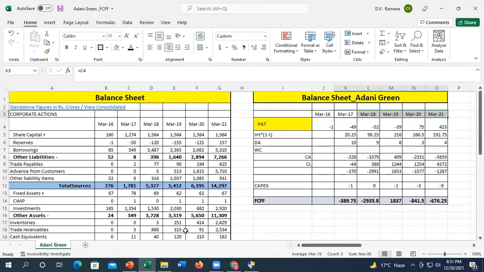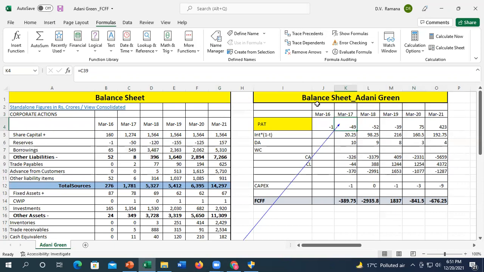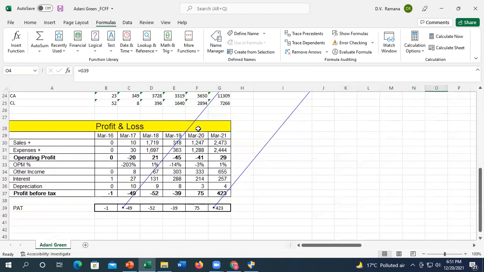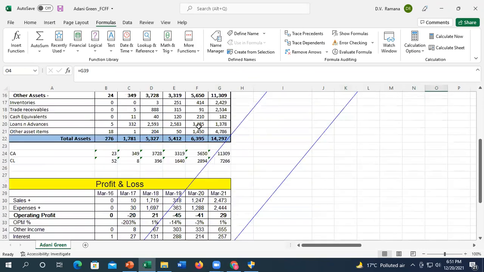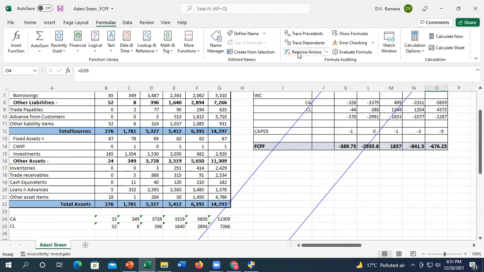Okay, so PAT is equal to minus 49 crore in the year 2017, and 423 in the year 2021. This is from the Screener's financial statements.